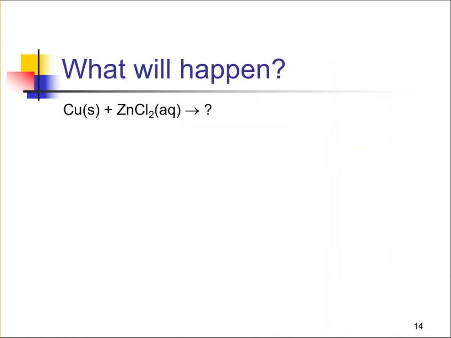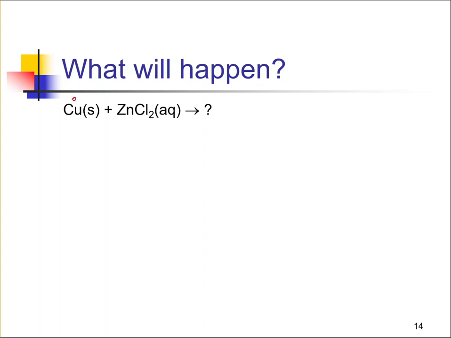For example, in the reaction of copper and zinc chloride, first thing you want to do is assign the oxidation numbers here. Before we complete this reaction, since this is a single displacement, we want to check the activity series to see first of all if copper can replace zinc or not.